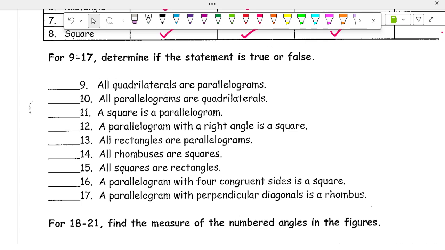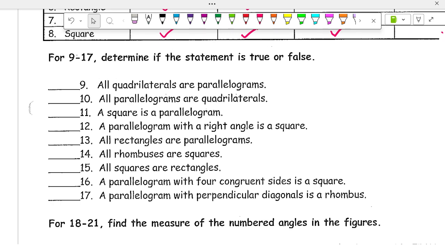So, first one, all quadrilaterals are parallelograms. Is that always true or can it be false? Think about it. All right, raise your thumb in 3, 2, 1. What do you guys think? Thumbs up, thumbs down. Definitely thumbs down.